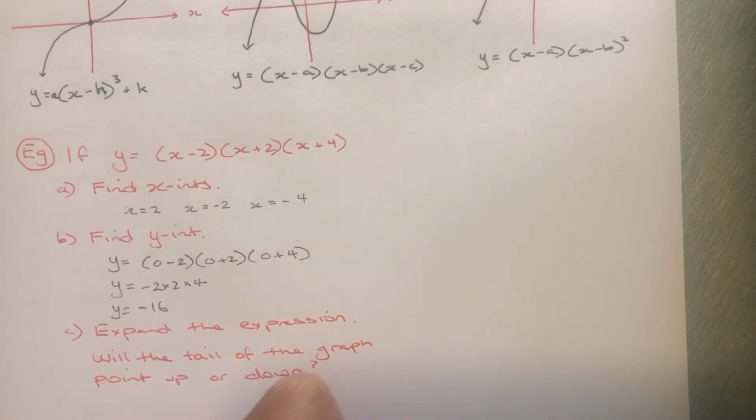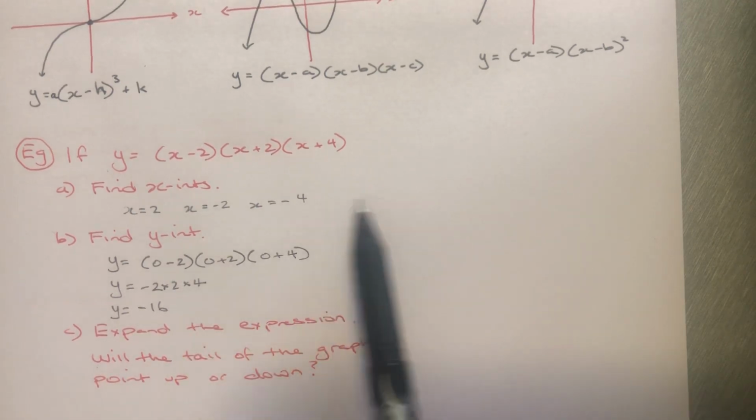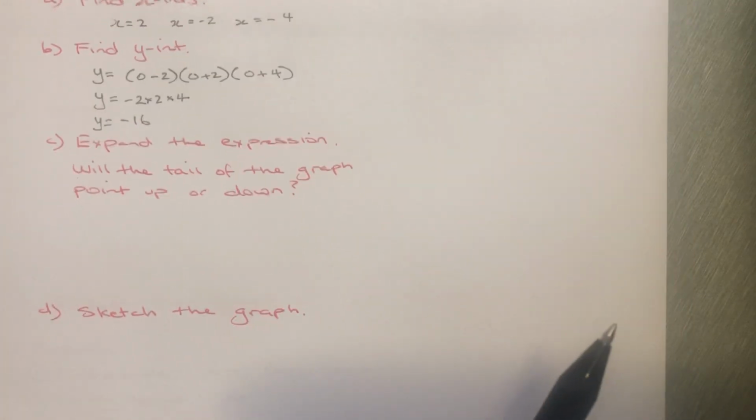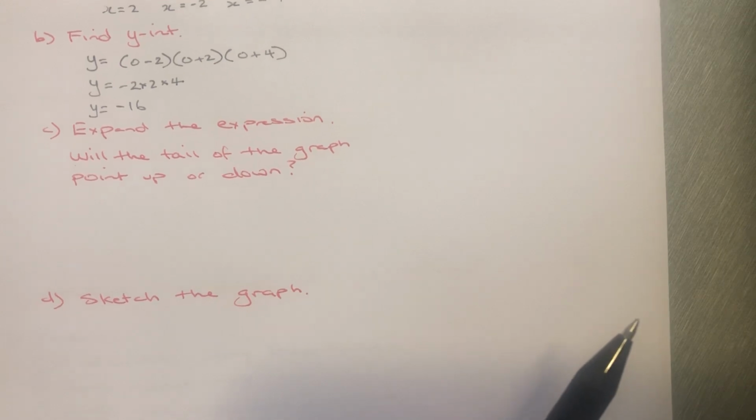So that's our y-intercept. Now we can put them down as coordinates here if we want to. I'm definitely going to show them as coordinates on the graph, so I'm not going to worry about it just here.